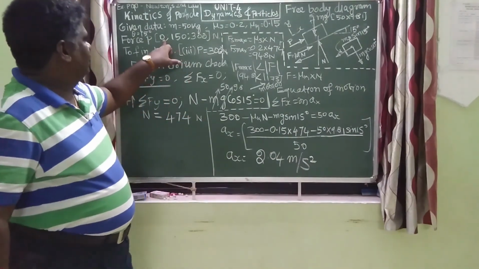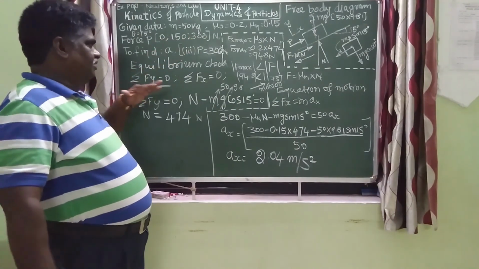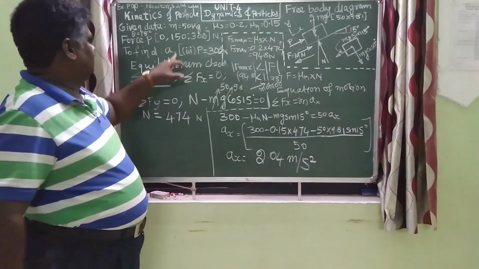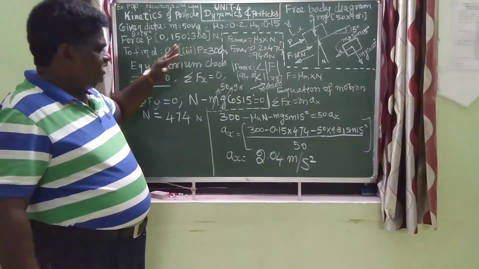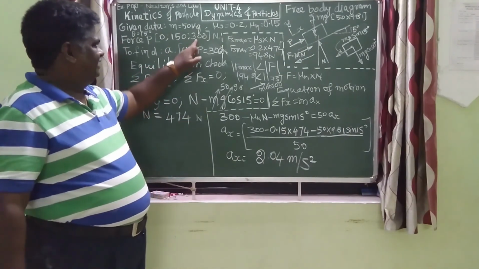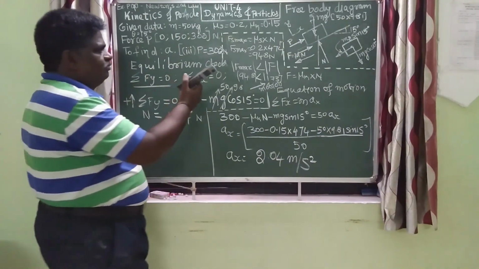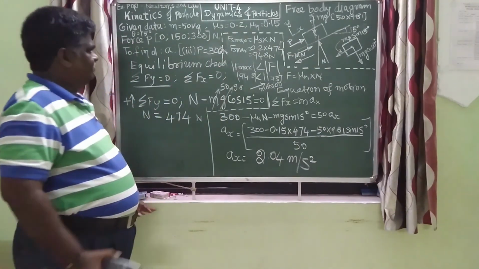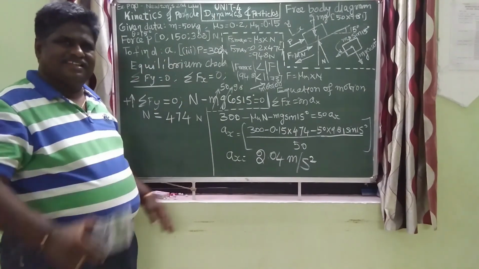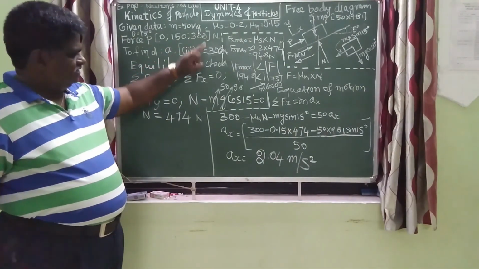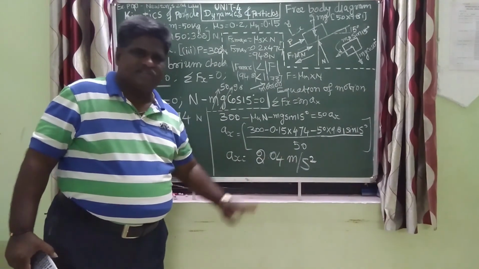The first case: the block is moving down the inclined surface. Second, with 150, the body is at rest, no movement. With 300 Newton, the body is moving upward on the inclined surface. Based on this we calculated the second case, no acceleration, and the third case, 2.04 meter per second square.